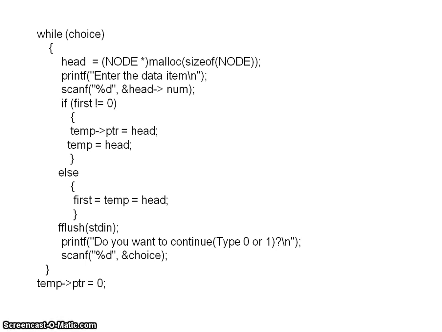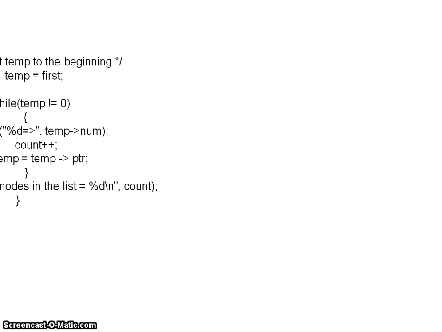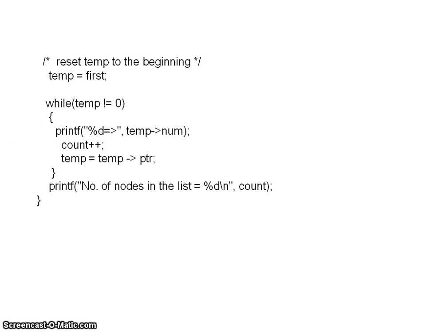So once we have created the linked list, next thing is that we want to display the contents of the linked list. So we are going to use the variable temp for traversing the linked list. So we have reset the temp variable to the first node of the linked list and have incremented one by one till this temp is going to contain a null value.